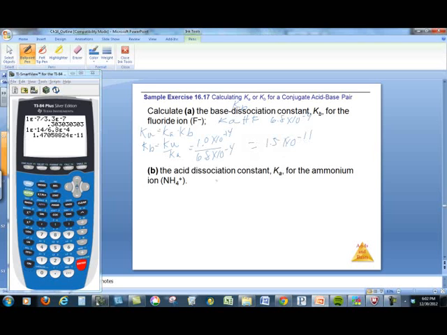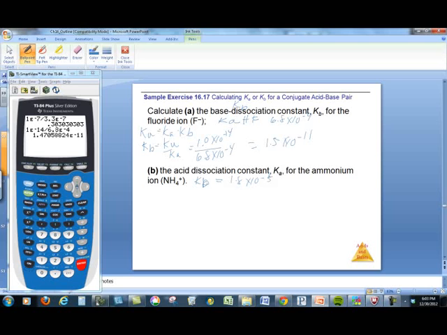Okay, I'm going to do the same thing for the ammonium ion. So the Ka for ammonium is, this is a base, so I'm going to look up the Kb. I'm trying to find the Ka. So the Kb is 1.8 times 10 to the minus 5.